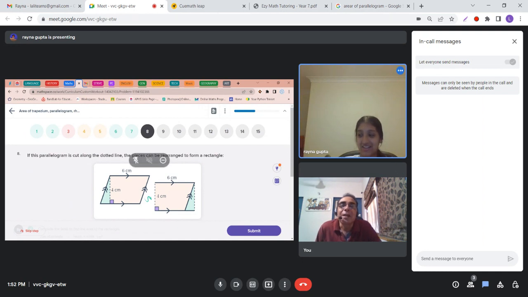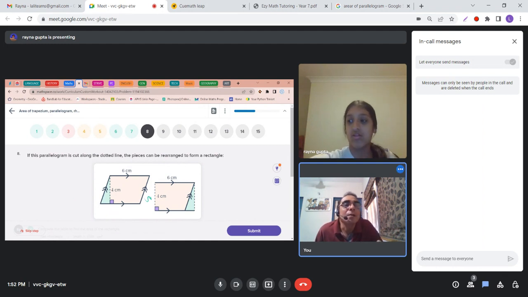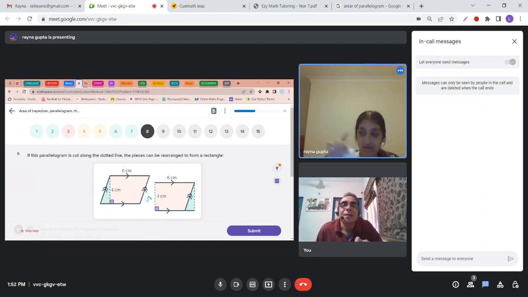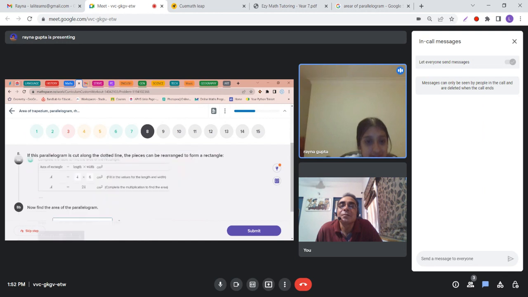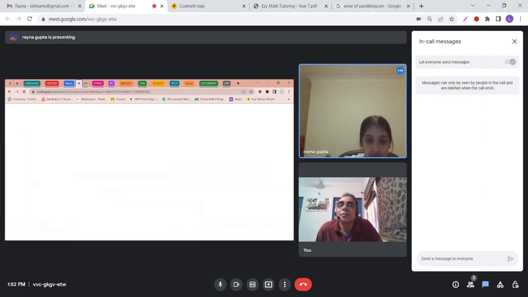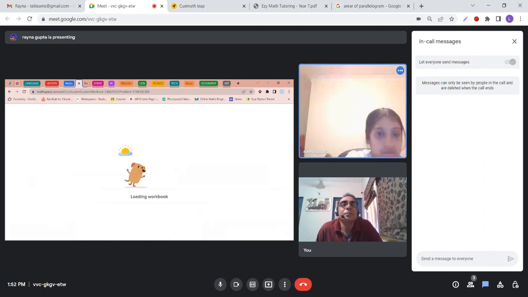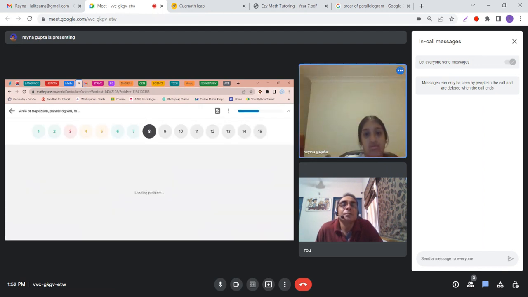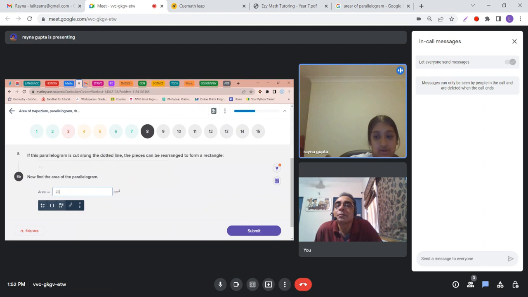What factor are you lacking over there? See, a parallelogram has two opposite sides equal, so it is going to be base times height. So it will also be 24.